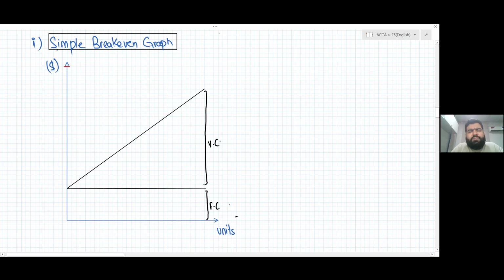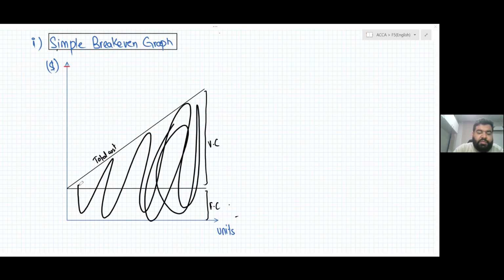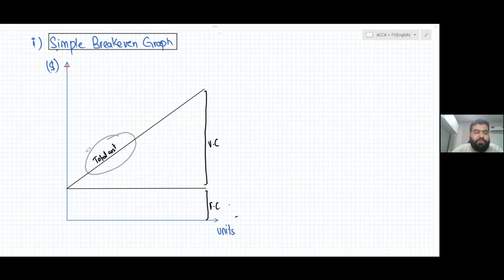And we know that a business has basically these two types of cost, fixed cost and variable cost. Adding both of them, this complete region will be the total cost region, including fixed and variable. Now what I'm going to do now is the main thing.